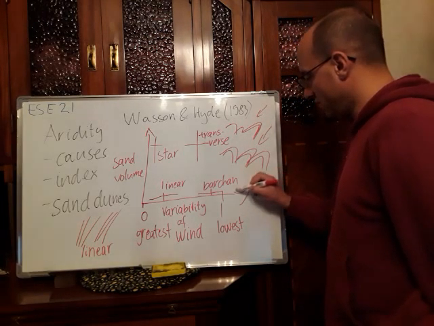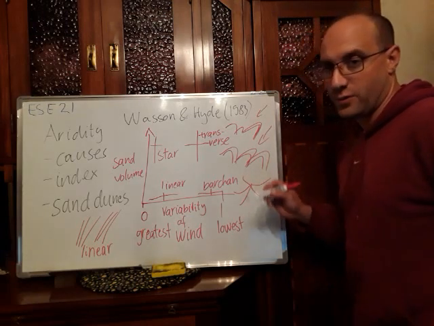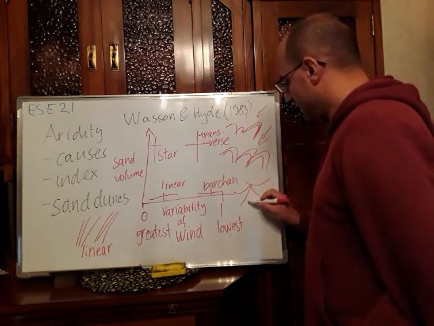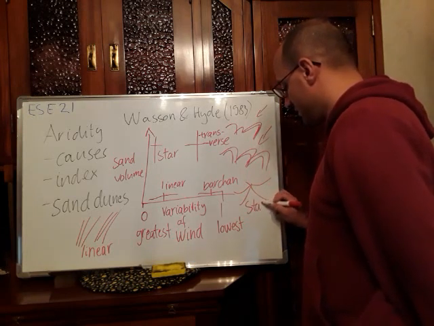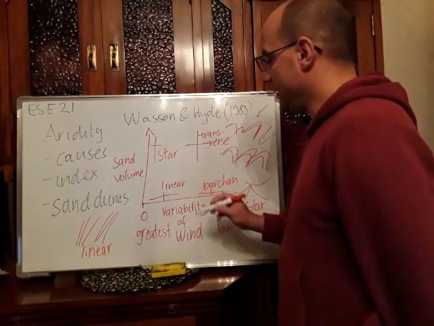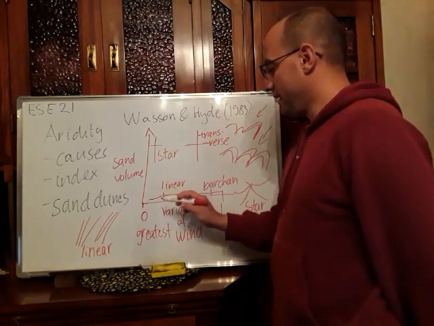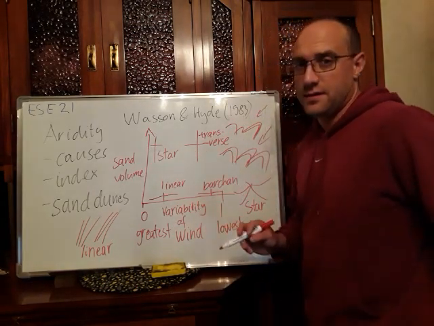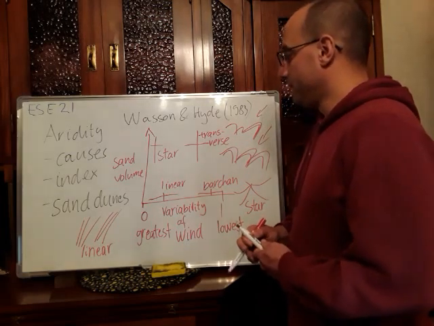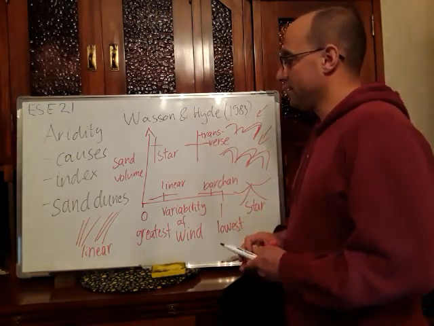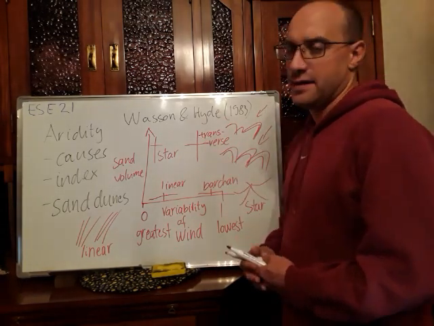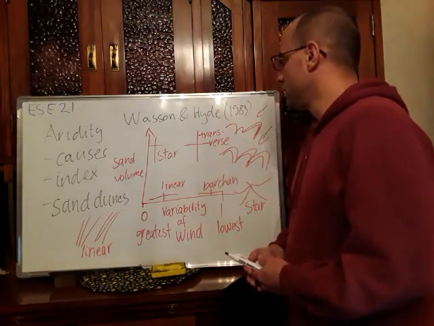The typical, like what you would have in the Sahara or often in the Taklamakan. So star dunes with the highest amount of sand and the greatest variability of wind. So that's how we can place these different types of sand dunes on the Wasson and Hyde model.